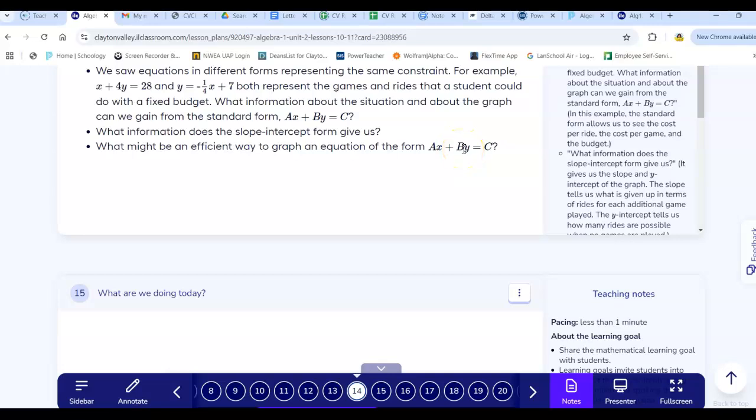And then you turn around and say, how many rides can she go on if we take the games away, if she doesn't play any games? So that is the point of lesson 10.